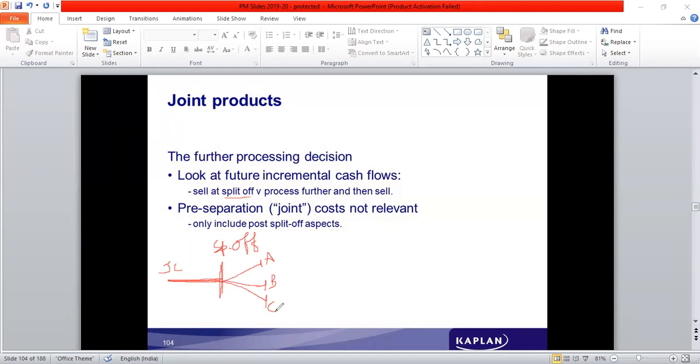If they further process it, the final product also has a sale value. So the relevance to decision making is, should the products be sold at the split off point or should they be processed further and sold after the final processing is done? That is the decision. There are various things about how the accounting is taken care of. We are not getting into the intricacies of all those things, but we are just looking at one aspect of it, which is should they be sold at the split off point or should they be processed further?